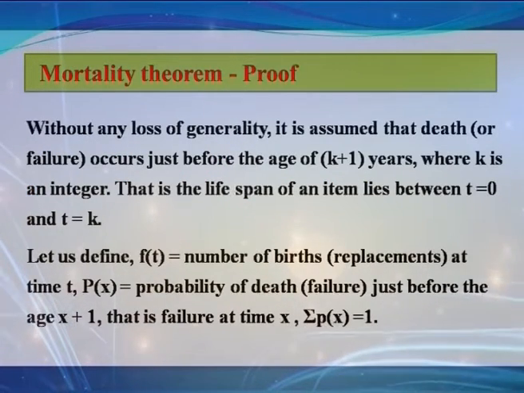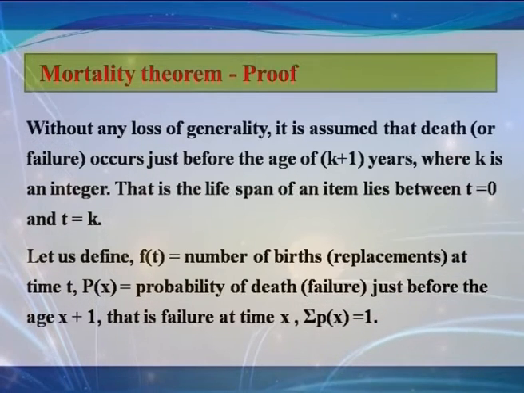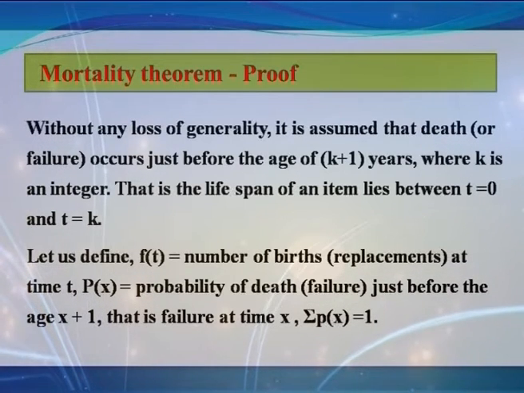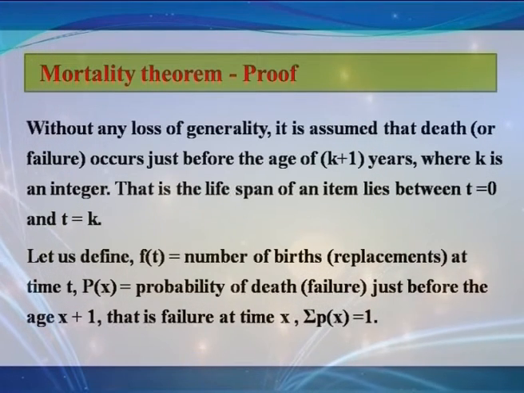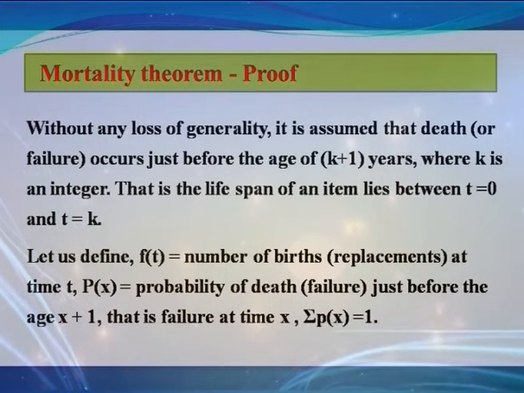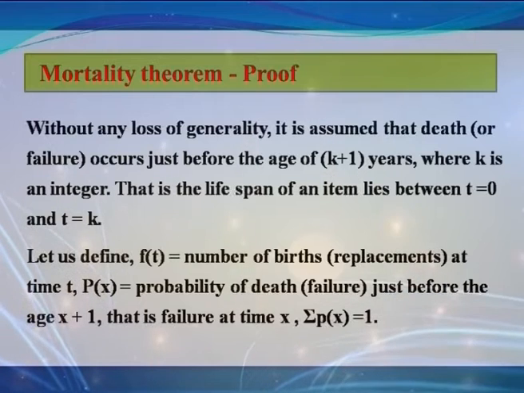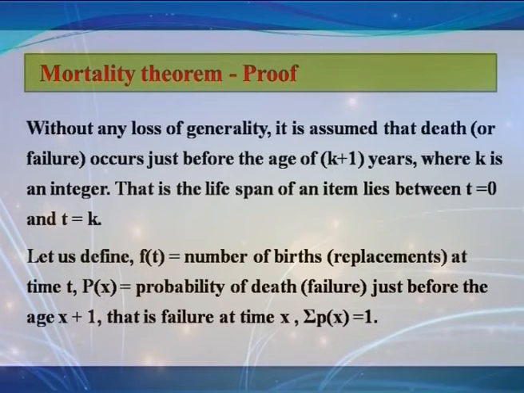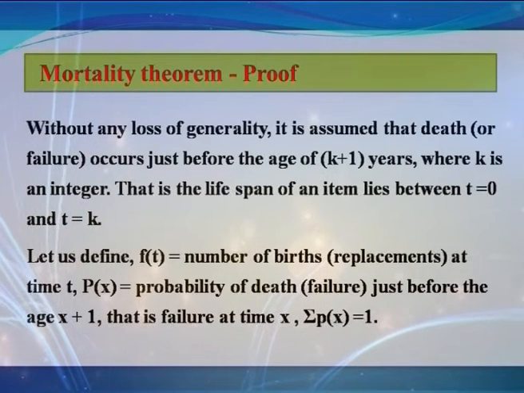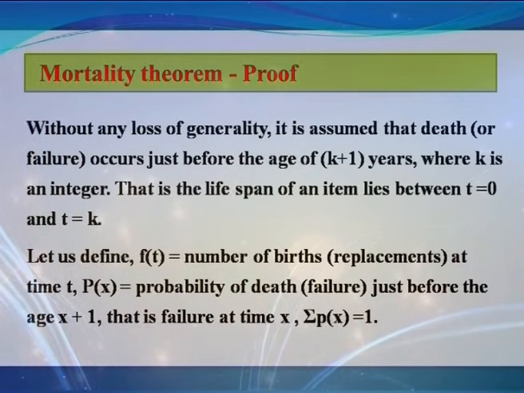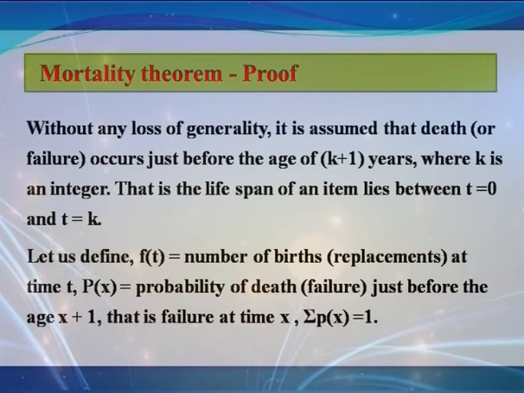Now let us look into the proof. Without any loss of generality, it is assumed that death or failure occurs just before the age of k+1 years, where k is an integer. That is, the lifespan of an item lies between t=0 and t=k.